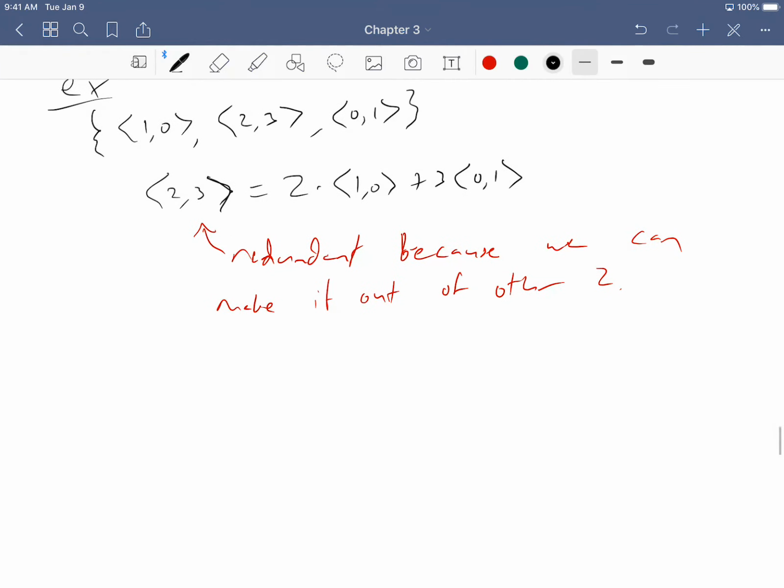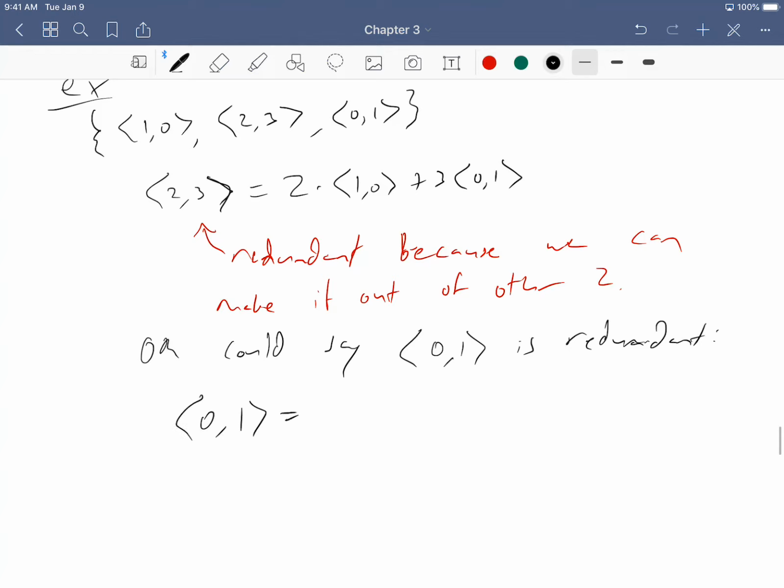Now, this can get a little bit tricky because I could also say that (0, 1) is redundant because I can write (0, 1) as this linear combination of (1, 0) and (2, 3).